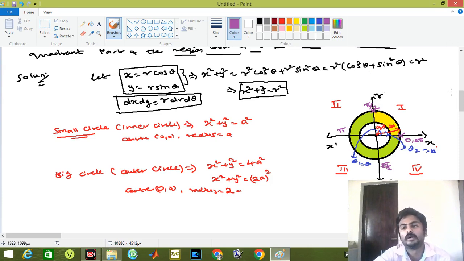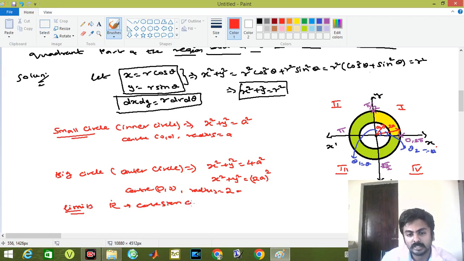Now you have obtained your limits. What will be our limit? For this problem, in Cartesian coordinates, they have not given any particular limit, and that is the region.